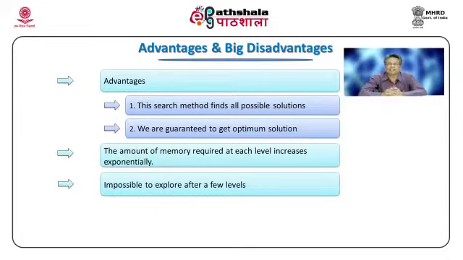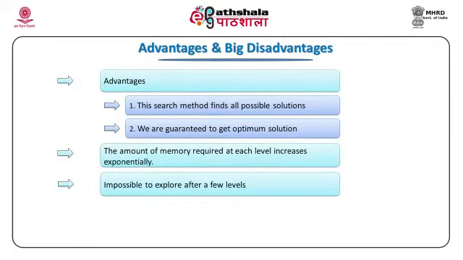For example, chess has a branching factor of around 35. In that case, level 1 is 1, level 2 is 35, level 3 is 35 into 35. Every level increases the number of nodes exponentially, and that's the problem with this approach. In most cases, you won't have the luxury of that much memory to store all those nodes. So that's the problem with this method.